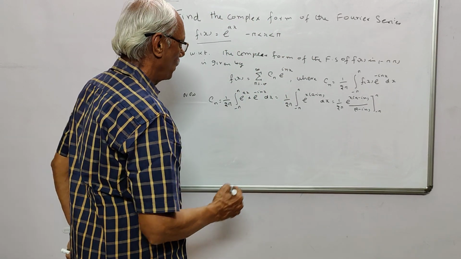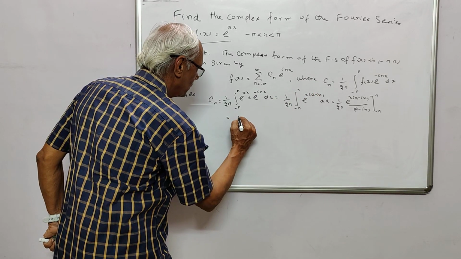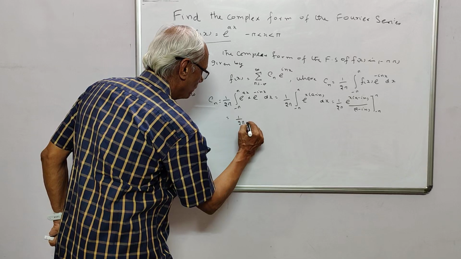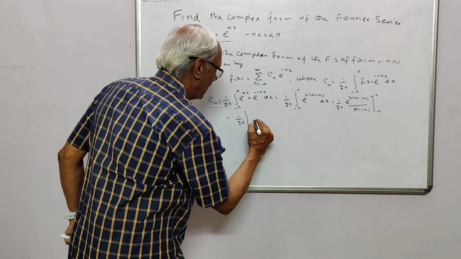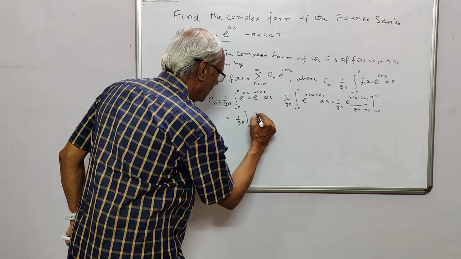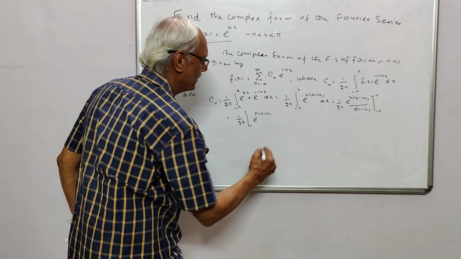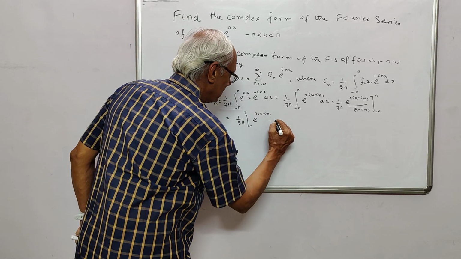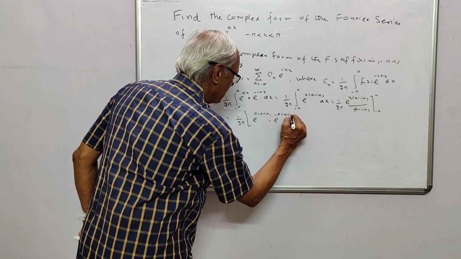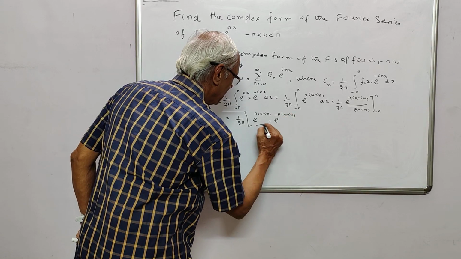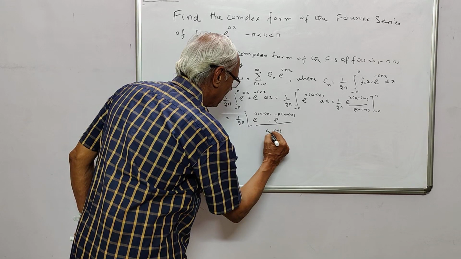That's all. Now, this will be equal to 1 by 2 pi, then open a bracket, substitute: e to the power of pi into a minus in, minus e to the power of minus pi into a minus in, divided by a minus in.